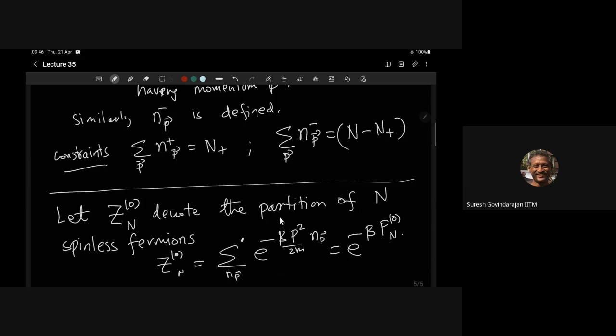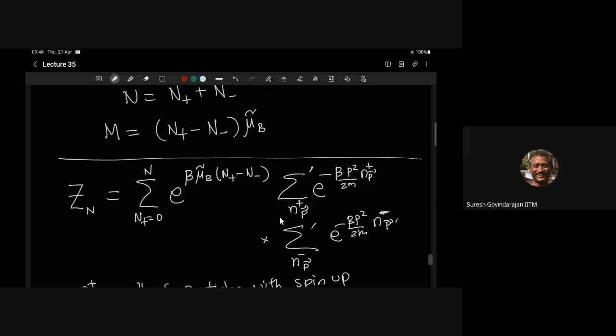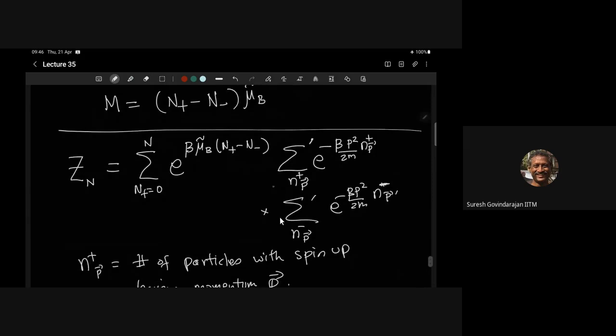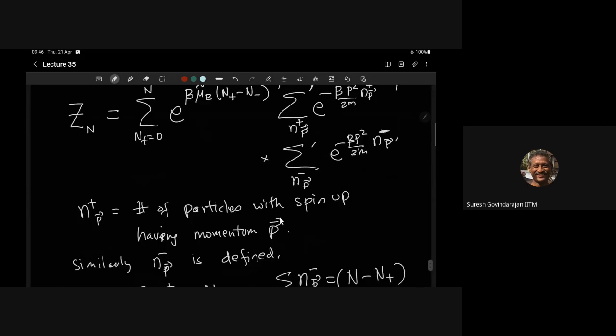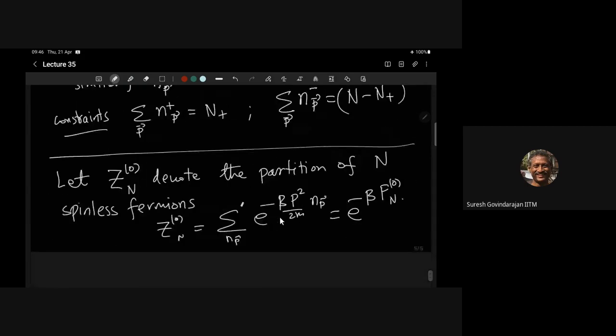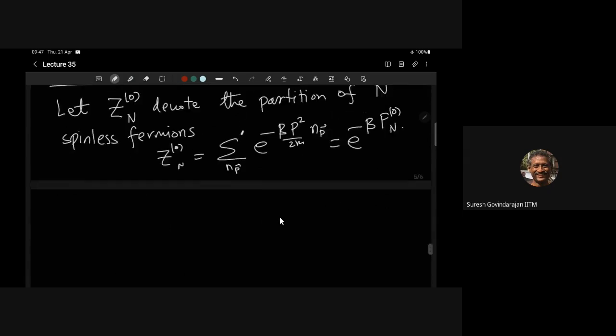Okay, so now if you look at this, you can see that this summation becomes expressible in terms of that. Same thing, second one can be written that way. So this says that Zn is equal to summation n plus equal to 0 to capital N e power plus beta into n plus, did I forget some b or something?